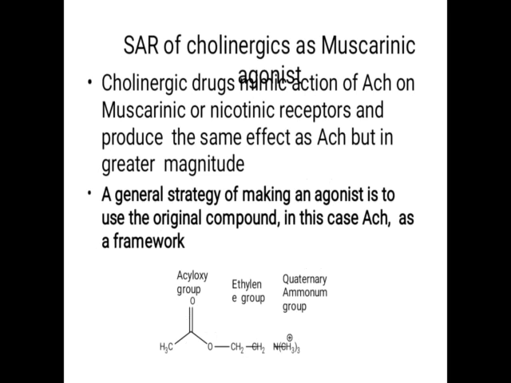Now regarding the SAR of cholinergic or muscarinic agonists, what properties will these agents require? The drugs which give muscarinic agonist action should mimic the action of acetylcholine on the muscarinic receptor as well as the nicotinic receptor, producing the same effect as acetylcholine but in greater magnitude.